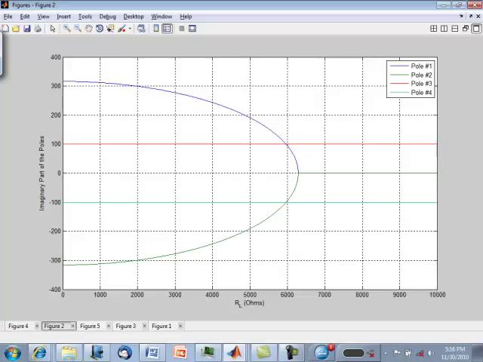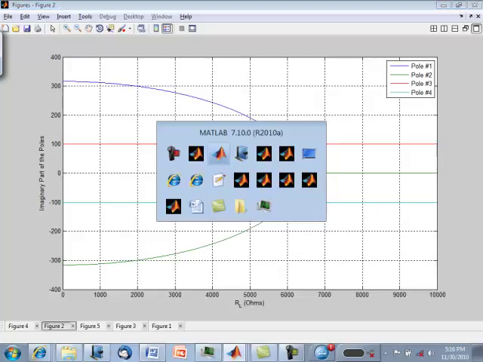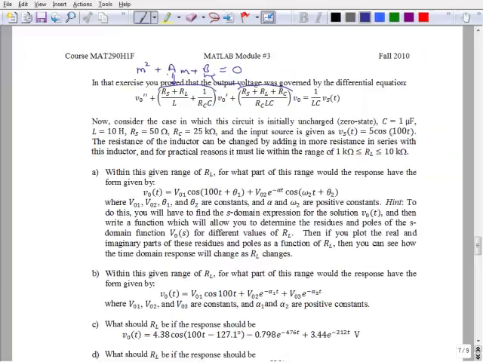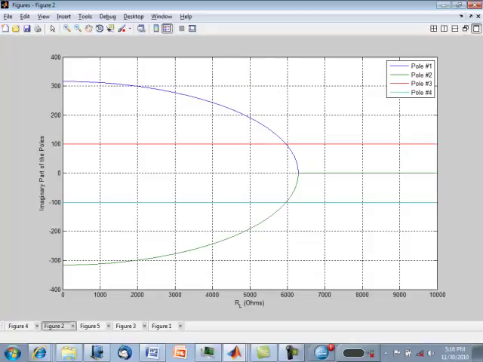And then poles 1 and 2, which are due to the differential equation and these coefficients A and B, are complex conjugates of each other again at every value of RL, plus minus J. We get to this point, just over 6,000, where the imaginary part is 0, and at that same point, the real parts split off. They're no longer equal, and the imaginary part becomes 0.